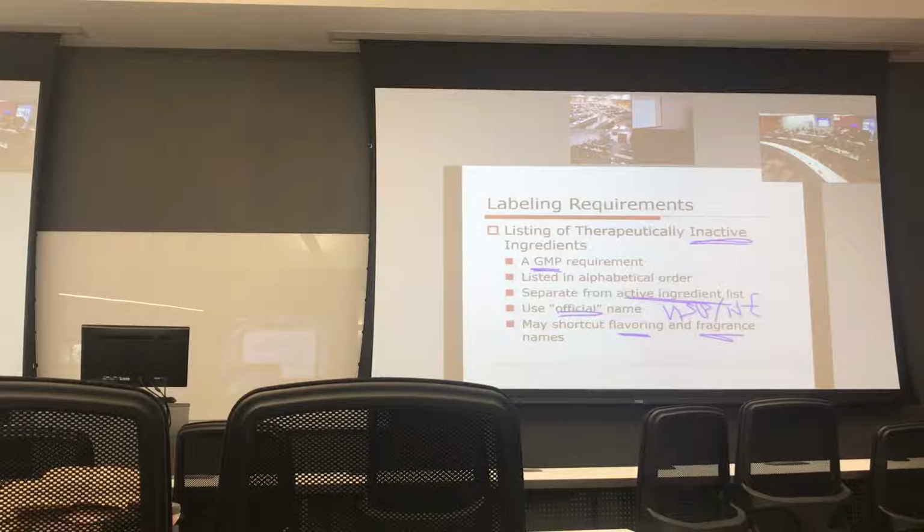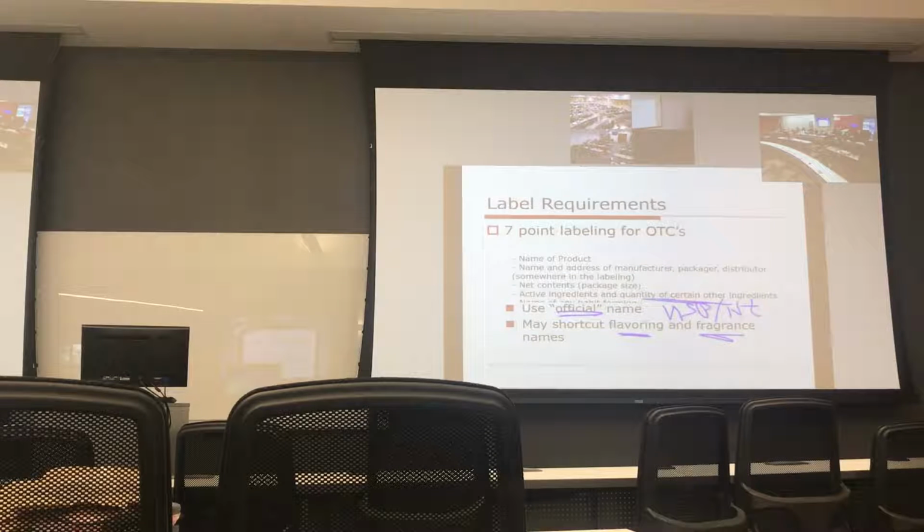A lot of those use very complicated organic molecules and things like that, so they might shortcut those just for the ease of representing what they're talking about. But for traditional excipients and binders, things like that in a product, they have to use the official name of the USP so that you can compare that and see what the ingredients might be.